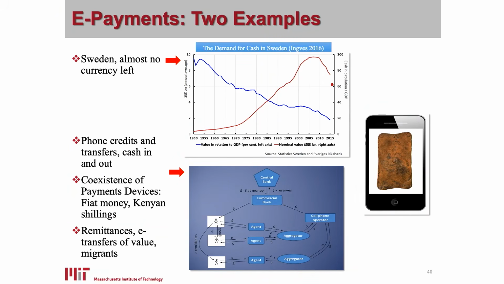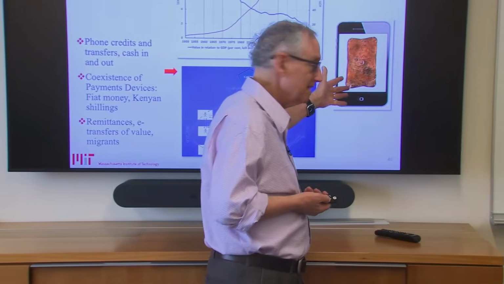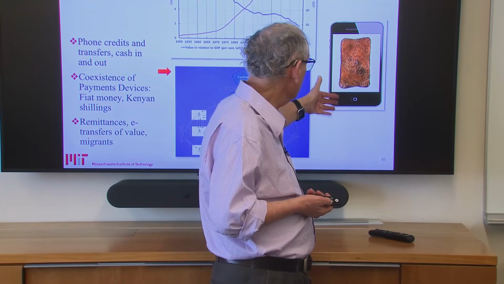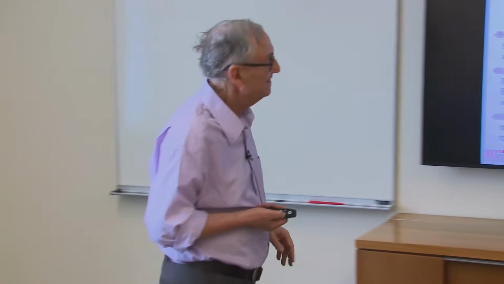In anthropological writings, the reserve was a big stone buried at the bottom of a lake, and people would trade claims on it, and that was the currency. So Stefan is displaying this stone being transferred on a cell phone. It's kind of cute.